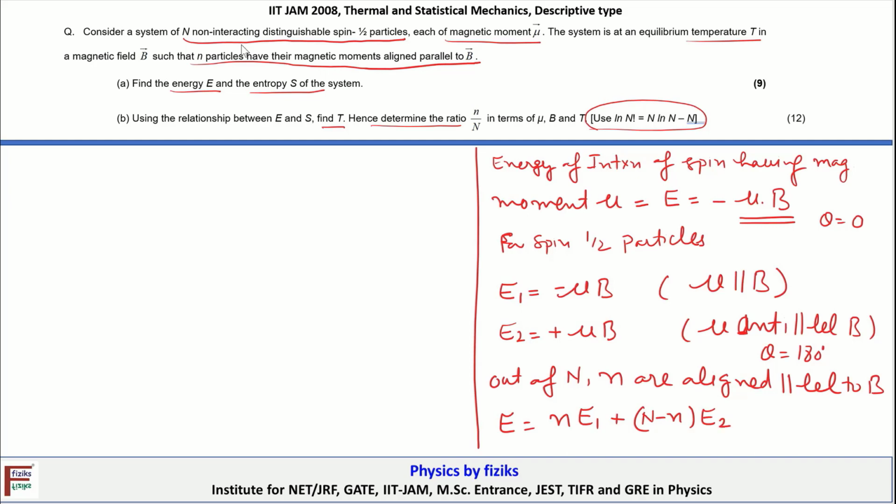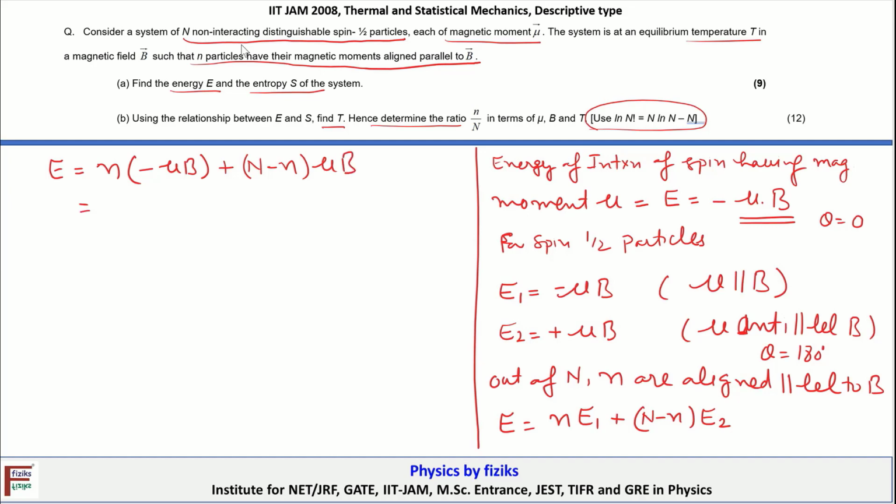Therefore E is the net energy: n E1, which is minus mu B, plus N minus n multiplied by E2, which is mu B.